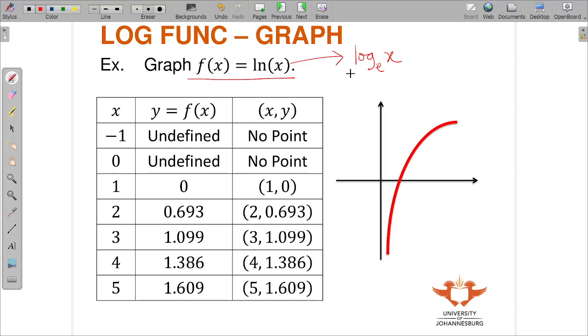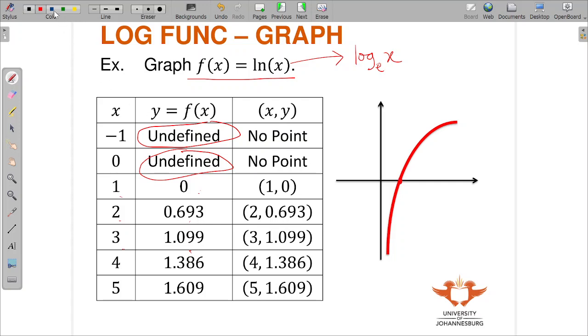You see, a negative value will give us undefined, and 0 will give us undefined, so there's no point there. The remaining ones will give us this: for 1 it will give us 0, for 2 it will give us this, for 3 it will give us this. Then you can plot the points.